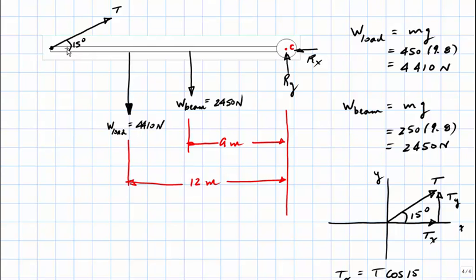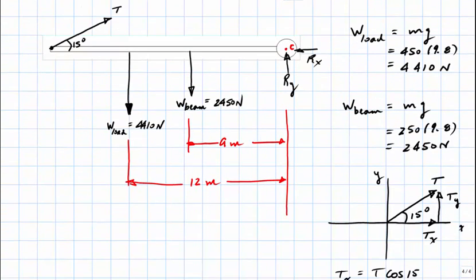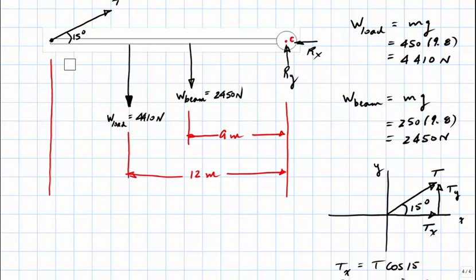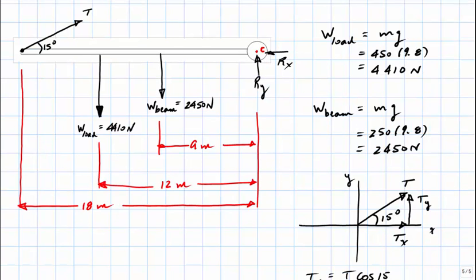And finally, the tension is connected at the end of the beam at a distance of 18 meters. And that is the completed free body diagram. We're now ready to evaluate the problem.